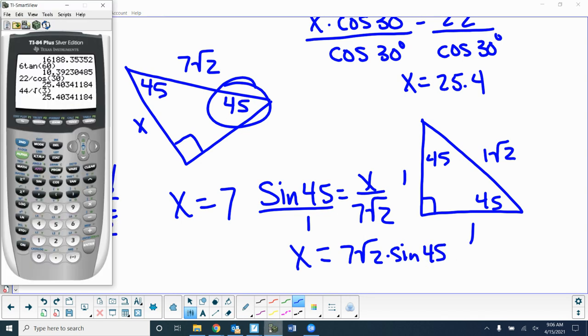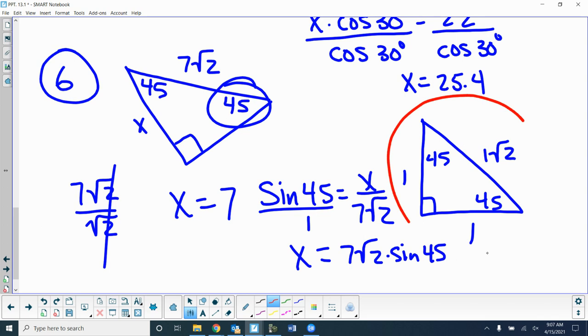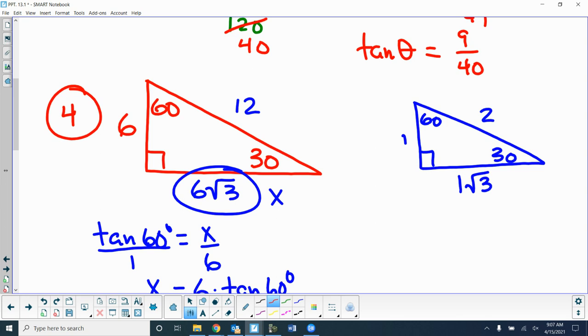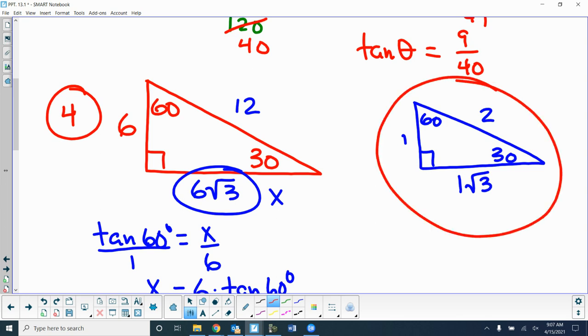So let's see what happens there. 7 square root of 2 times sine of 45. Good sign. Okay? Again, learning the special triangles, memorizing those makes trig life so much simpler.